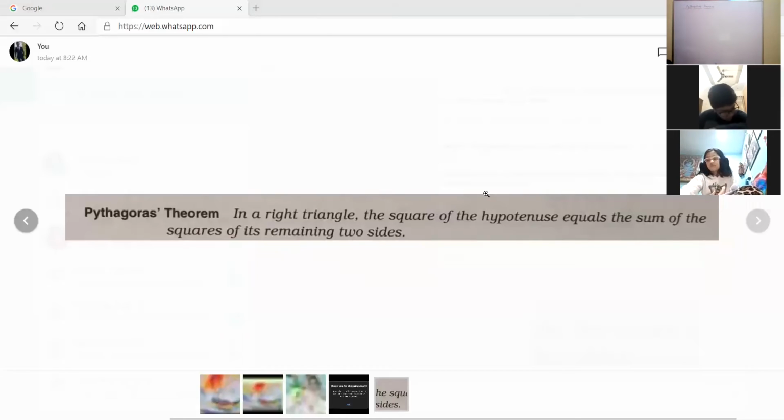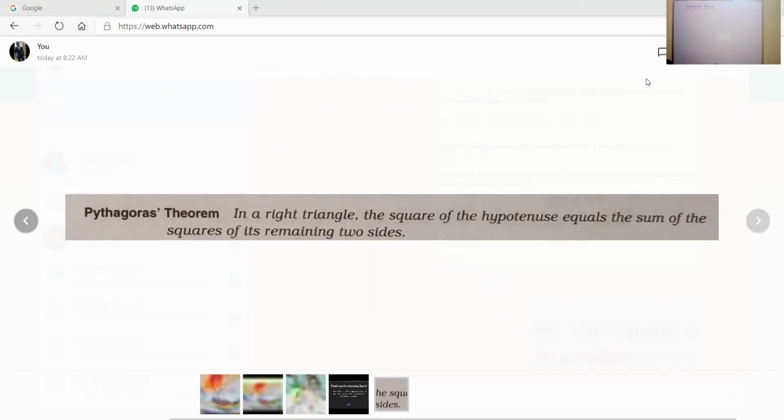I have shared it on my screen. You can note down from the screen also. I have shared the screen, and on my screen you can see the statement of Pythagoras theorem. Note down this statement in your copies. In a right triangle, the square of the hypotenuse equals the sum of the squares of its remaining two sides. Note down from the screen.